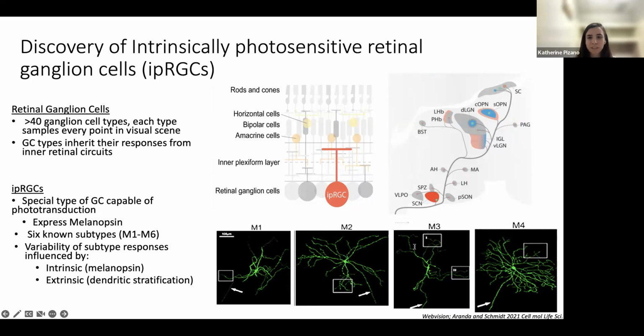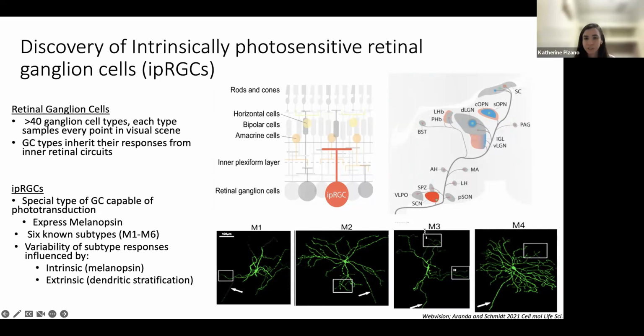So these ipRGCs predominantly receive input from the on pathway, although this can vary among subtypes. And ipRGCs are unique because, unlike other types of ganglion cells, they have phototransduction capabilities thanks to the expression of melanopsin. Similar to rods and cones, ipRGCs have the capability to convert photic input into electrical signals.